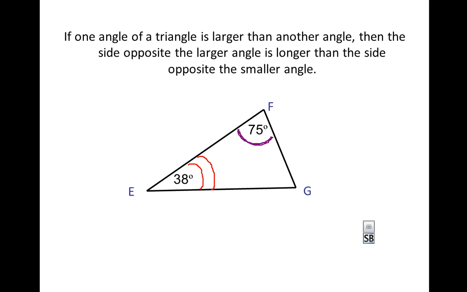So which side is opposite the greater angle? That's side EG. So I can now say the length of EG will be greater than, which side is opposite the smaller angle, the 38-degree angle? Side FG, right? So we can say that EG is greater than the length of FG. Because remember, FG is opposite the smaller angle.